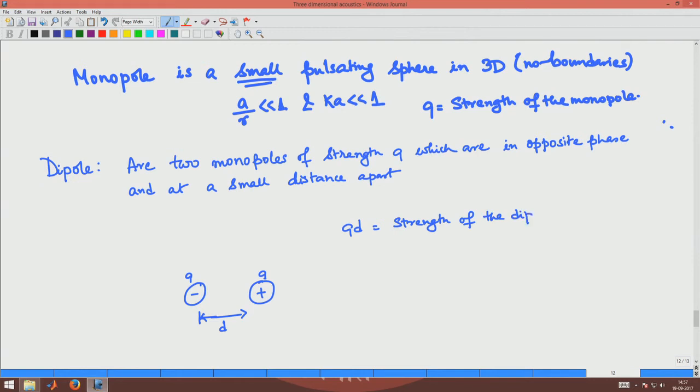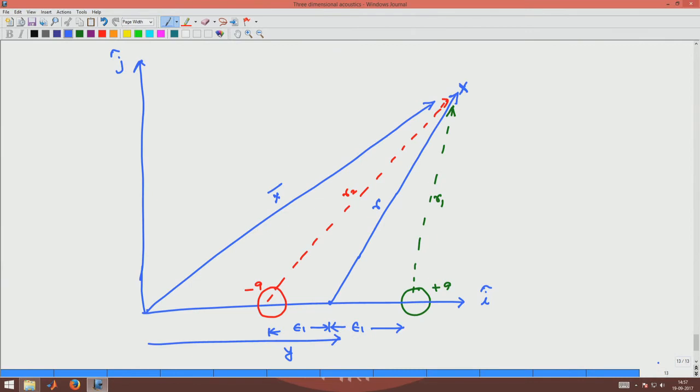So, what we will do now is estimate the acoustic pressure due to a dipole at an arbitrary field point. Towards this end, here is the schematic figure. I have taken two monopoles, plus q and minus q as I had drawn, and these two monopoles are at a distance 2 epsilon 1 apart. I have also aligned my coordinate axis i in the direction of the line joining these two monopoles, and the perpendicular axes j, k, with k perpendicular to the plane of the paper.